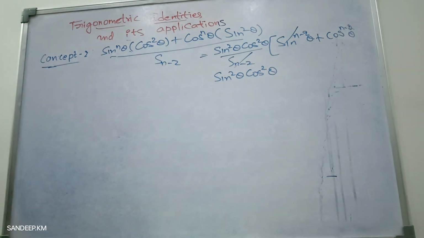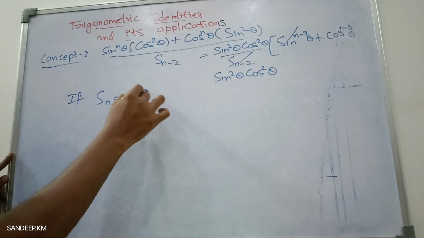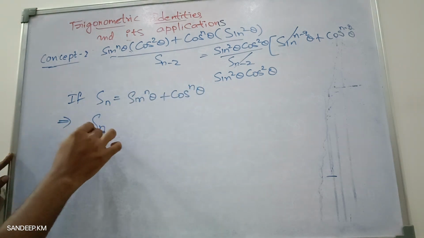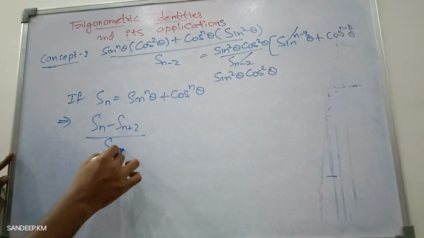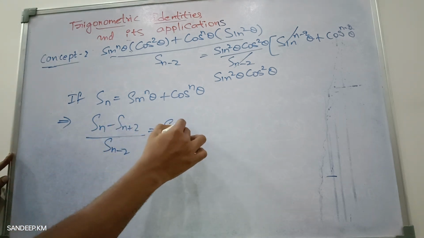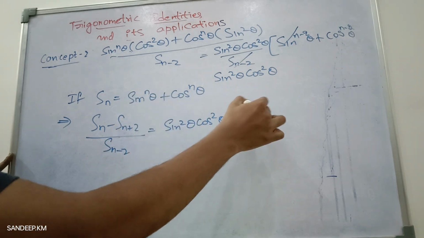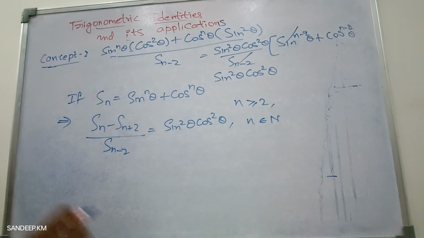We can conclude that if Sn is sine power n theta plus cos power n theta, then Sn minus Sn plus 2 divided by Sn minus 2 is equal to sine square theta cos square theta, where n is greater than or equal to 2 and n is a natural number. You can use it directly while solving the problems. Next concept.